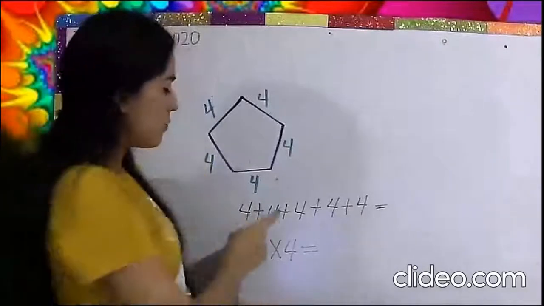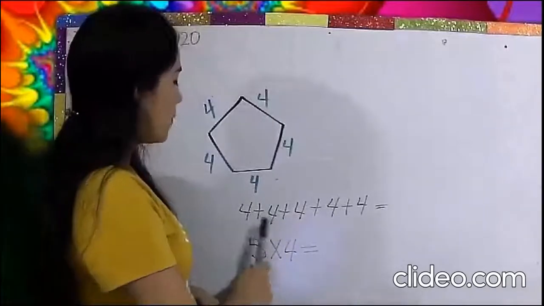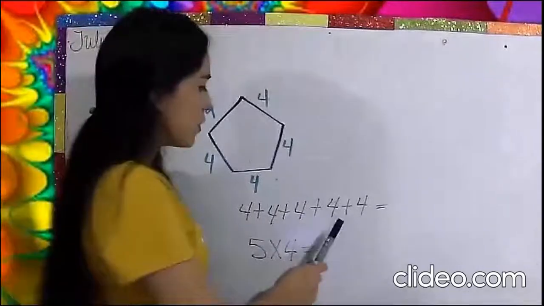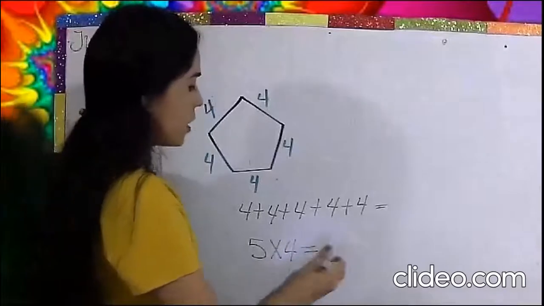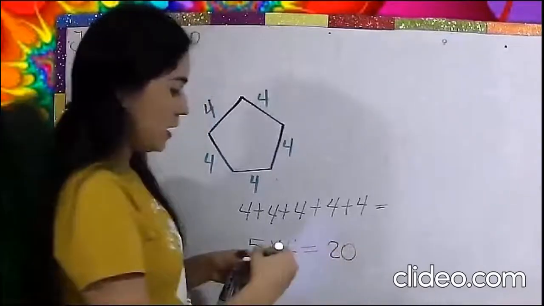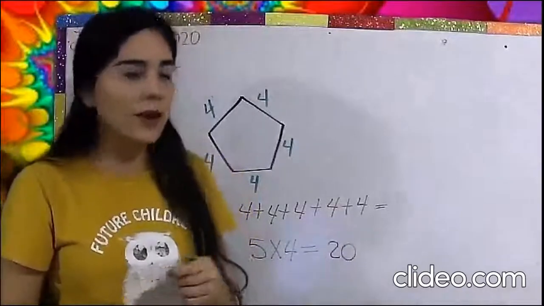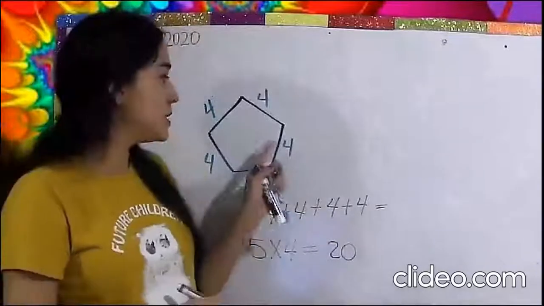Let's do it with a sum: 4 plus 4, 8 plus 4, 12 plus 4, 16 plus 4, 20. So 5 times 4 is 20. 5 por 4 es igual a 20. Okay, this is the perimeter of this shape.